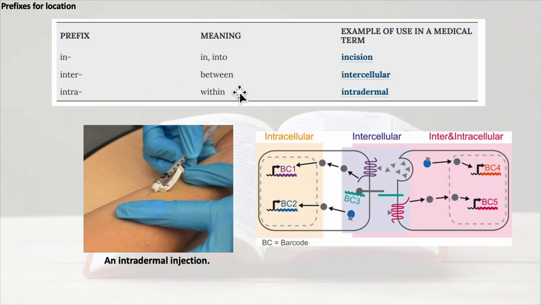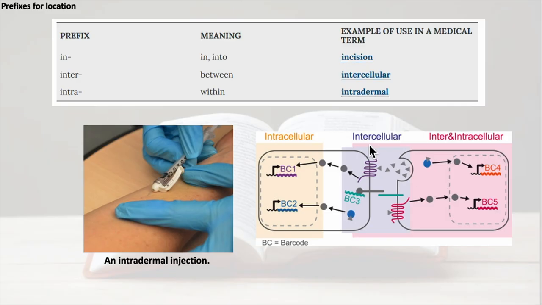Inter is referring to between. So between two structures. Intercellular is the example that I'm going to use, and this is helpful also with describing intra. So intercellular is referring to between two cells. Cells will often communicate with one another, especially neighboring cells.